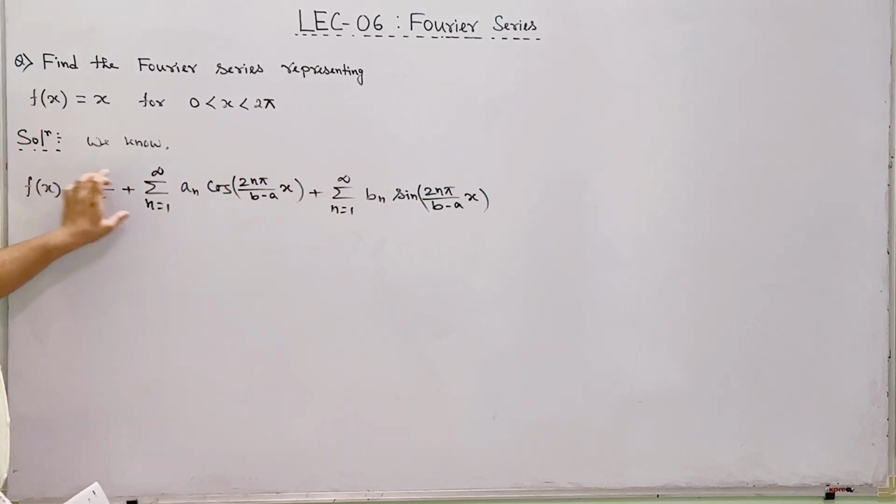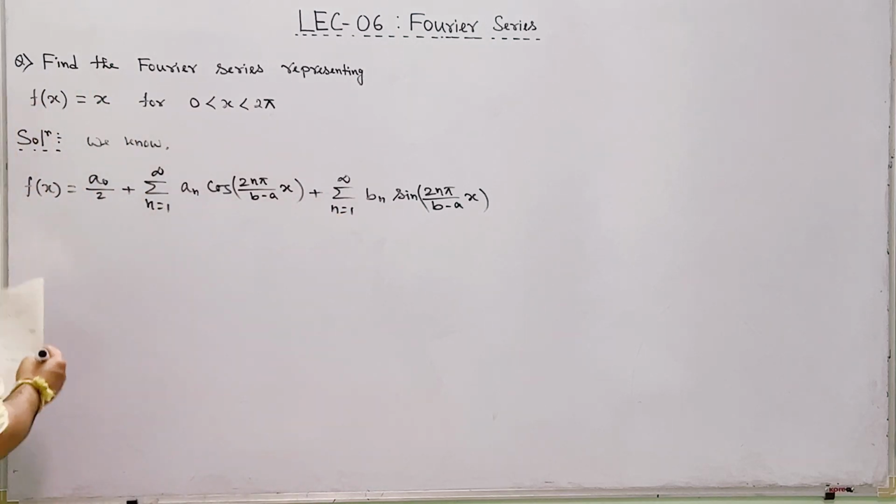Here a naught, an and bn are known as the Fourier coefficients.